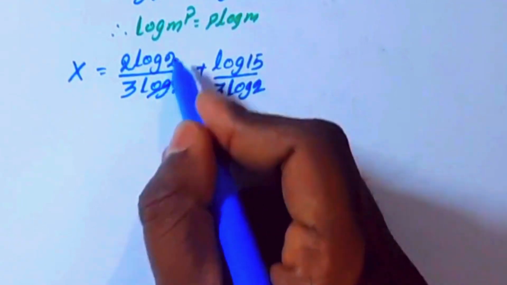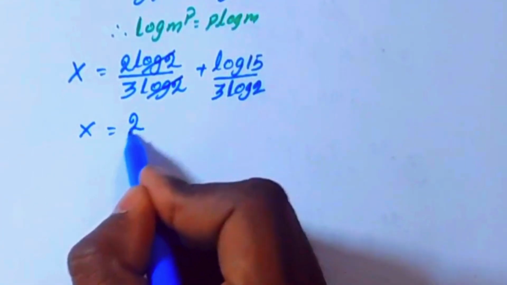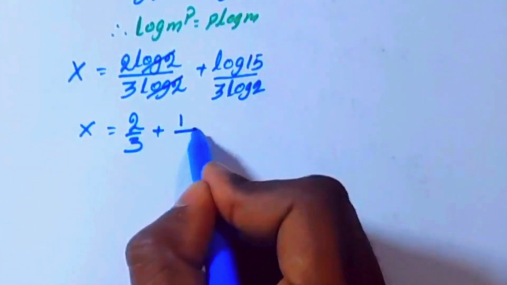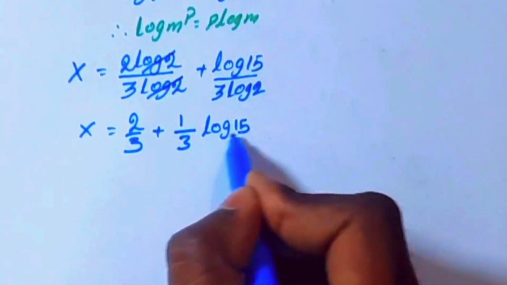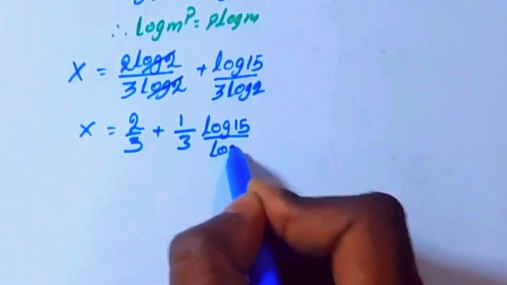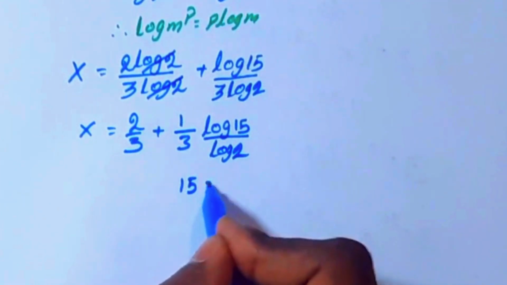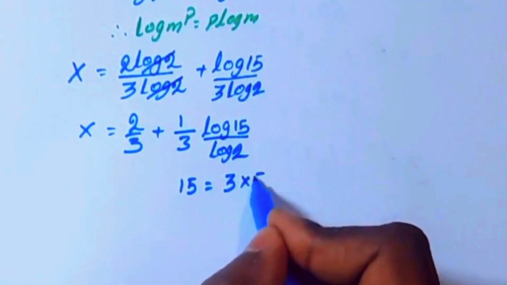This log 2 cancels this. So we have x equal to 2 by 3 plus 1 by 3 times log 15 by log 2. Now this 15 can be written as 3 times 5.